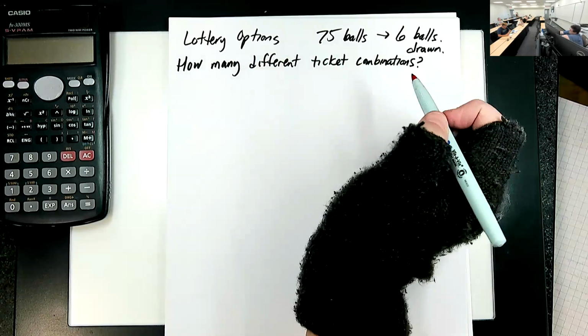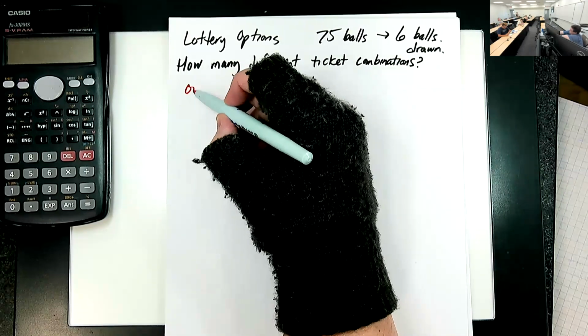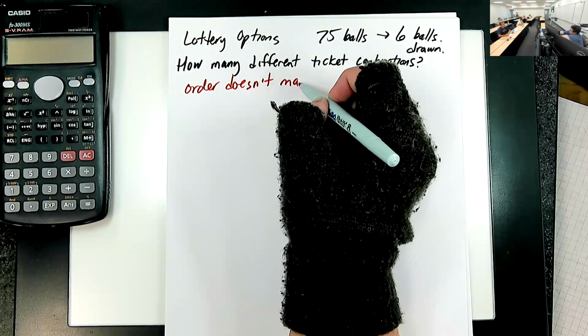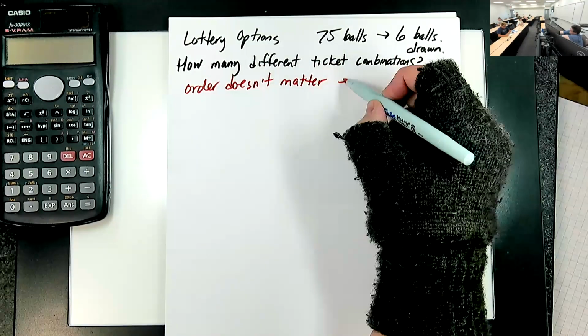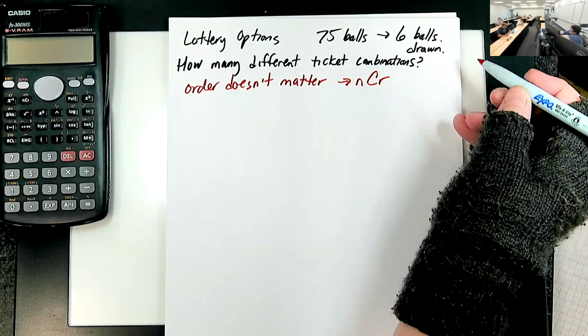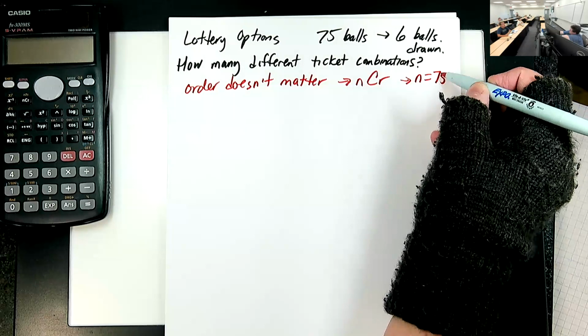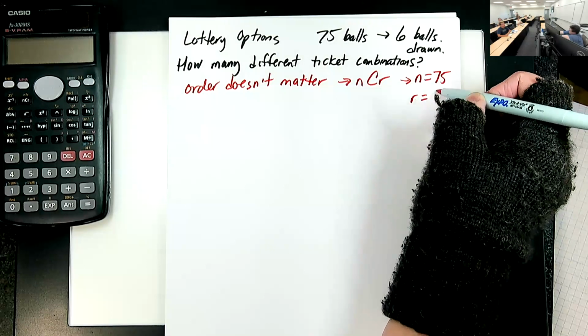So since the order doesn't matter, we're going to do combinations, and this is NCR. N is the 75, that's the total number of balls available. R is the 6.